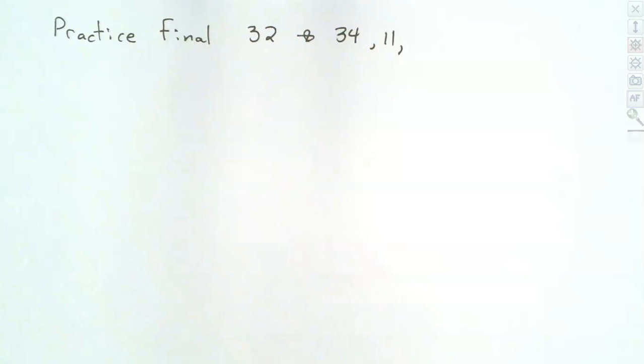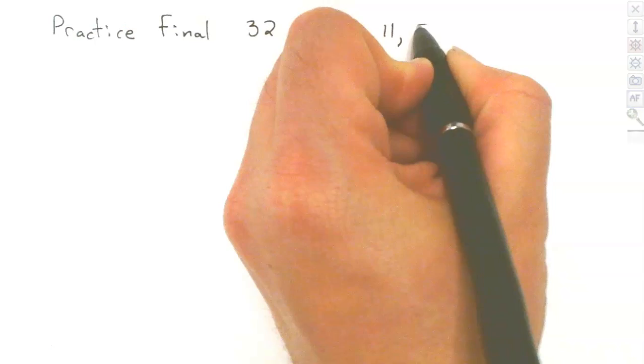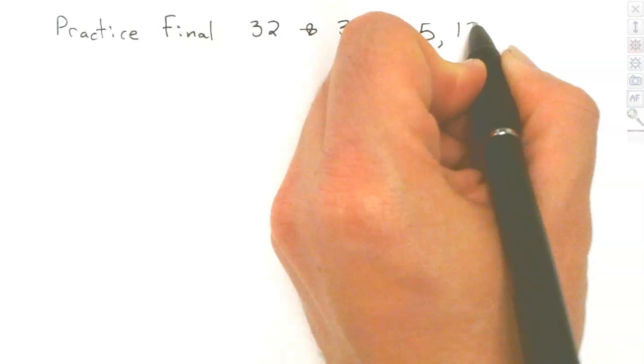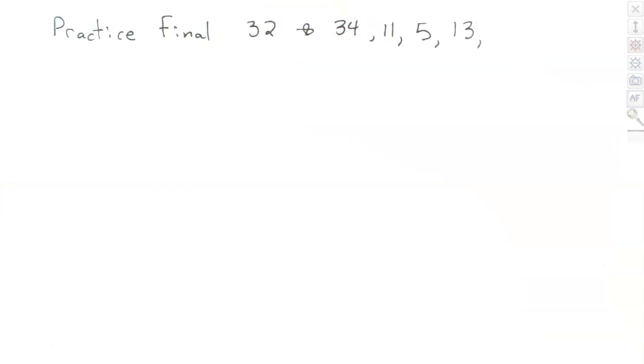A couple of them I think we need to go over again. Let's look at question 5, because that's a circle. Students sometimes struggle with that one. Question 13, because that's how to graph a parabola, a squaring function.